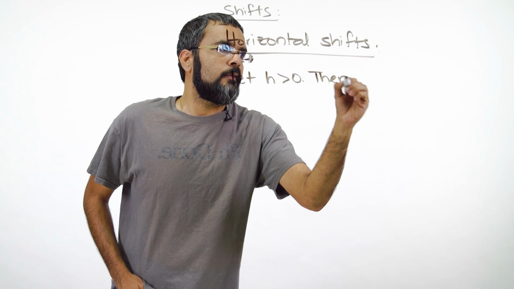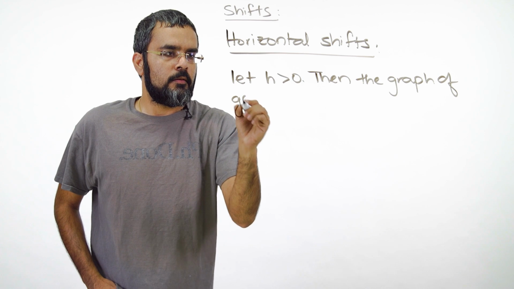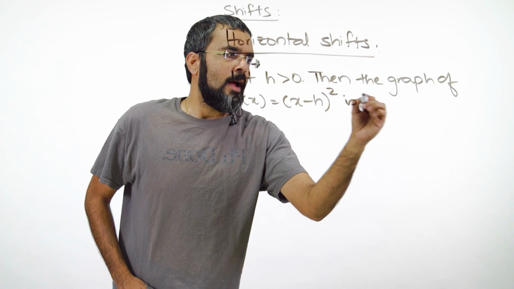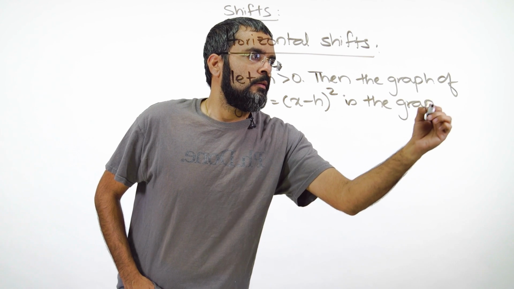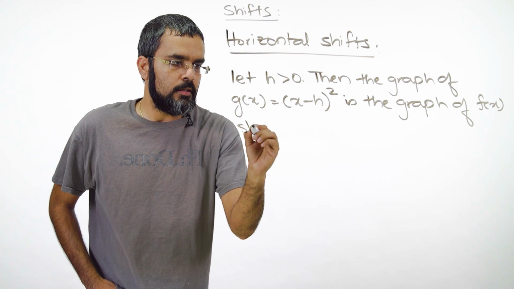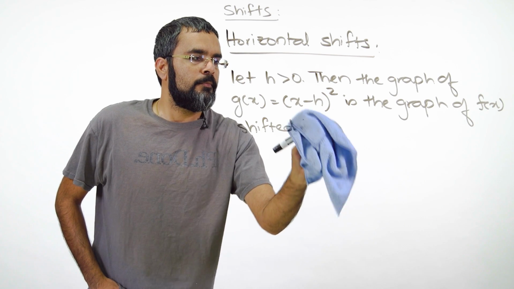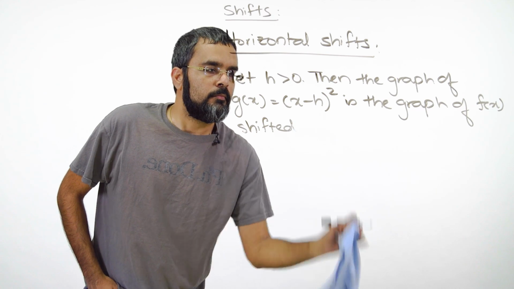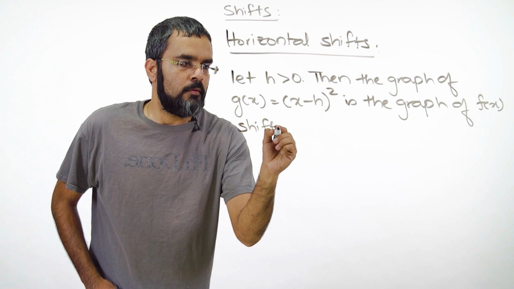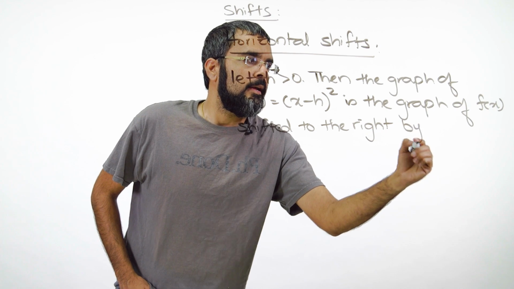Then the graph of g(x) = (x - h) squared is the graph of f(x) shifted to the right by h units.